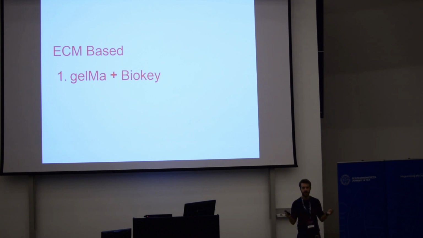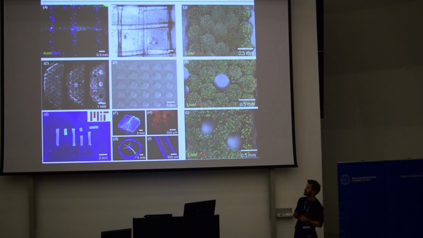So, we are all composed of two things, which is extracellular matrix, which is almost like a scaffold, and then the cells that go on top. And so the ECM-based materials are allowing users to mix cells and then place them in certain spots. And so you can see on the top left, you can pattern the cell in a line and have them live. And that's actually a lot of the state of the art.